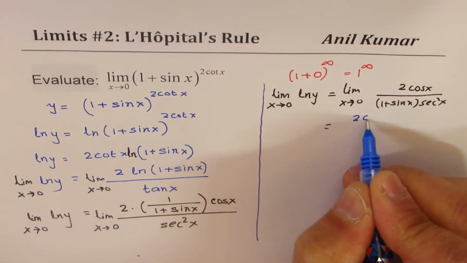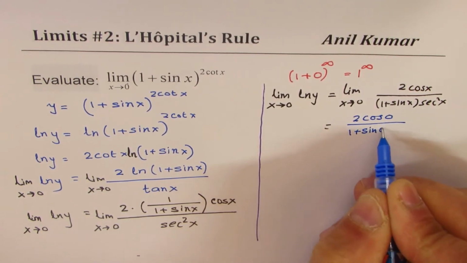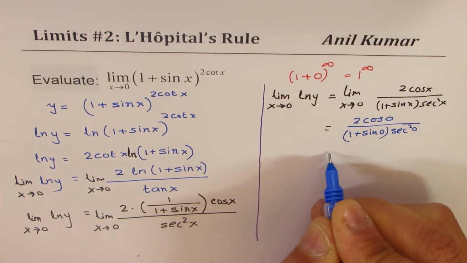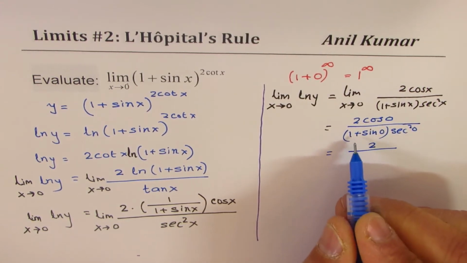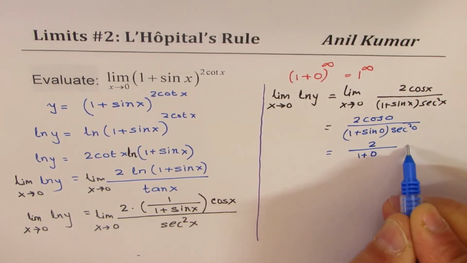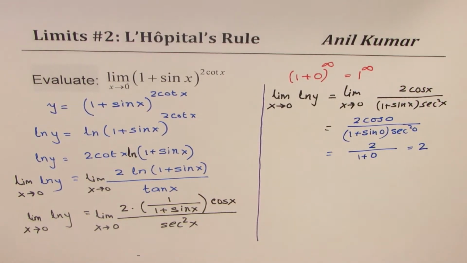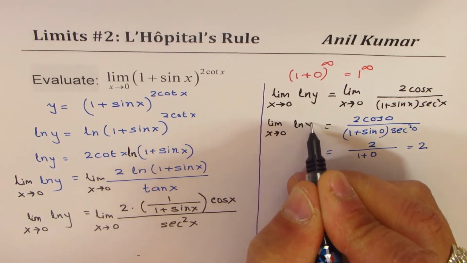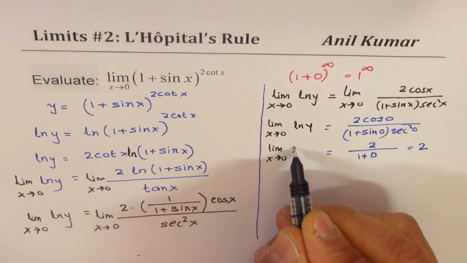We get 2 cos 0 over 1 plus sin 0 over secant square 0, right? Which clearly is, cos 0 is 1, so we get 2 here, and 1 plus 0, so we get 1 here, right? So 2 divided by 1 is 2. And that is what we get as the limit when x approaches 0 for ln y, correct? So that is the limit for our ln y.